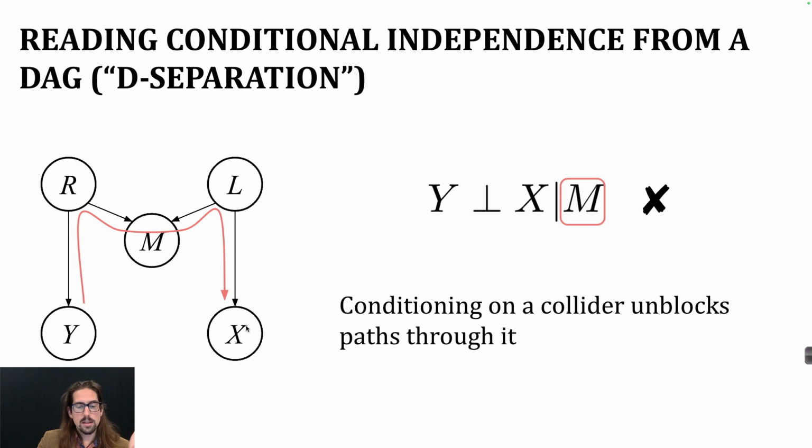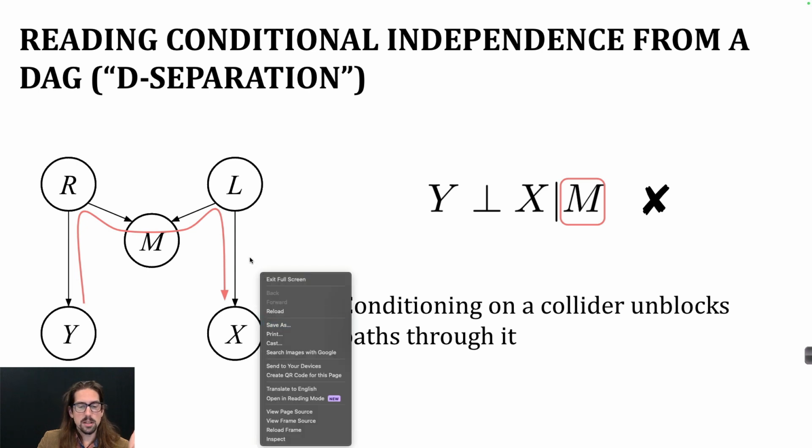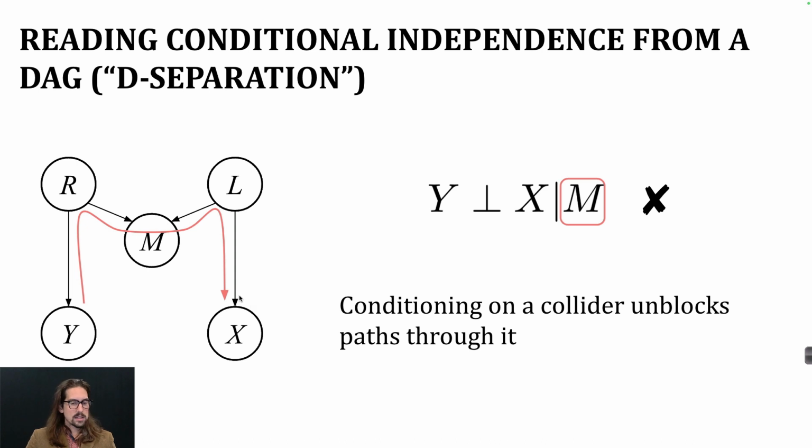There's nothing here that's possibly telling me about what the value of x is. If I know m, it changes, because m actually tells me something. If I know y and m, that actually tells me something about what L was.